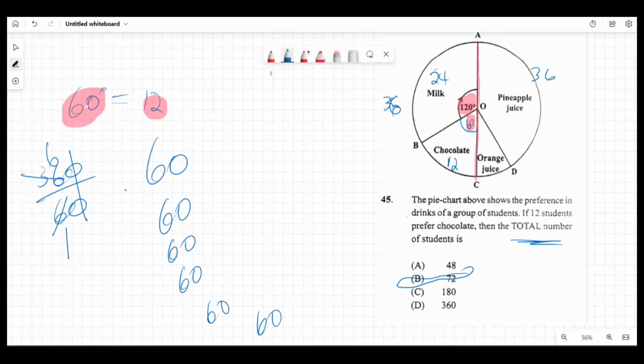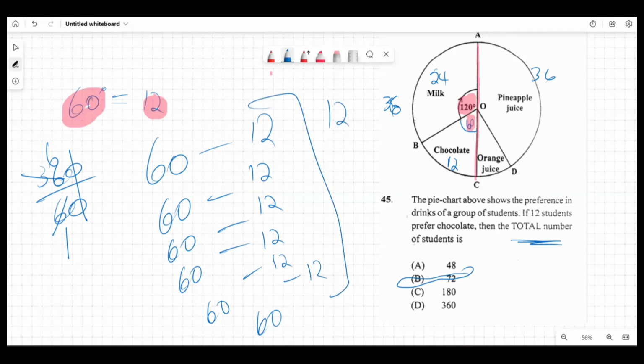I'm just showing you from a vivid point of view. For every 60, it's 12, 12, 12, 12, 12, 12. So we're talking about 12 times 6, huh? And here is the 72, just the same. So whichever way you want to work this out, you will get 72, right?